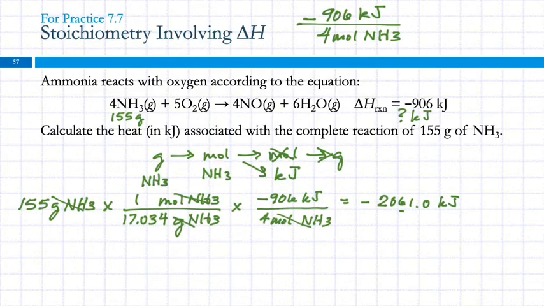What am I going to round that to? Negative 2060, because it's 2061. If I'm rounding to the nearest tens, it's 2060, or 2.06 times 10 to the third kilojoules.